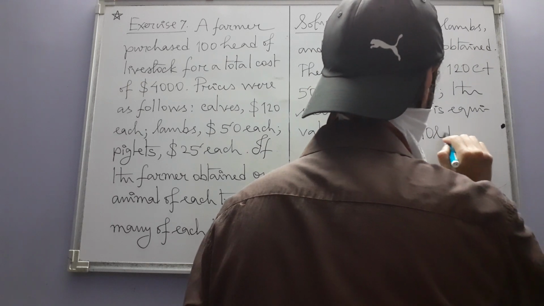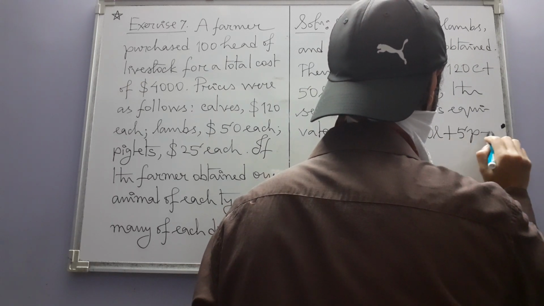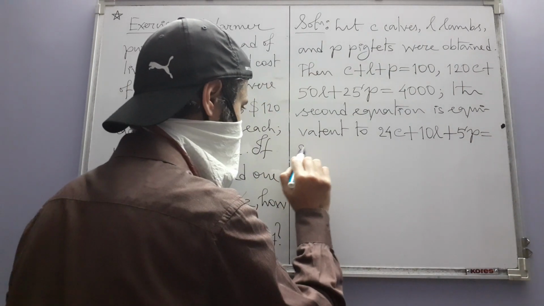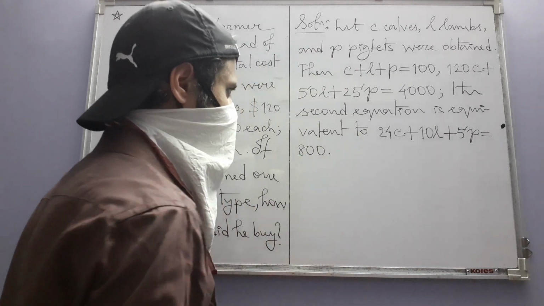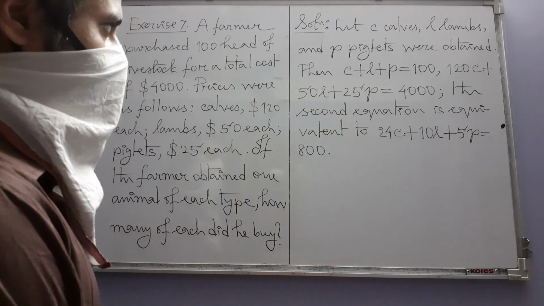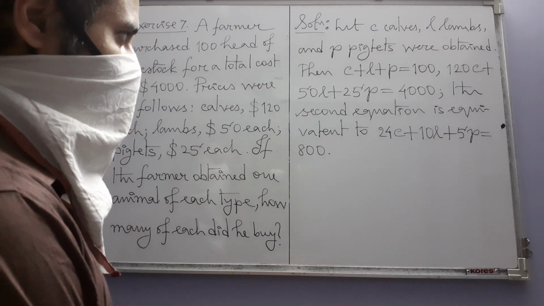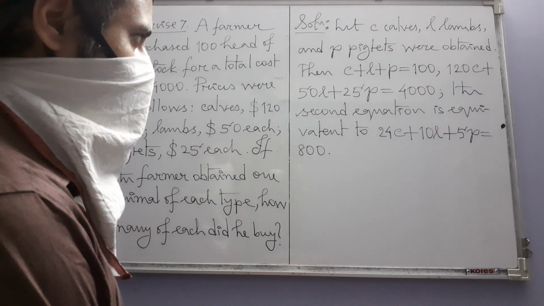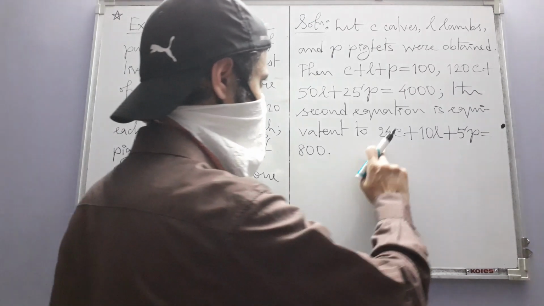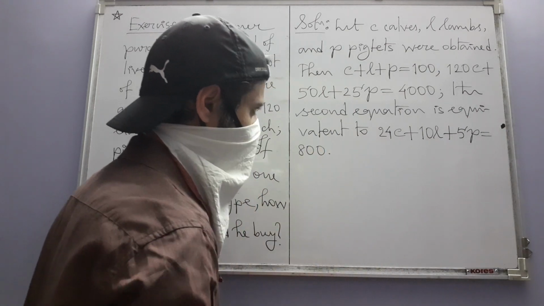Let me write and then see if it's correct or not. 10L plus 5P is equal to 800. So what we have done here is that we have divided by 5. Yeah, if we divide by 5, this naturally would be 24, not 19.